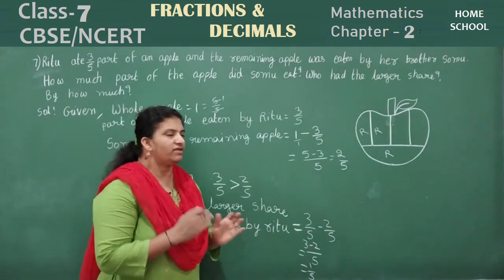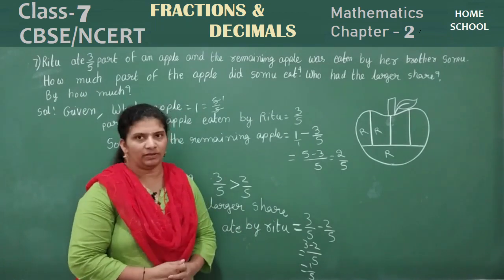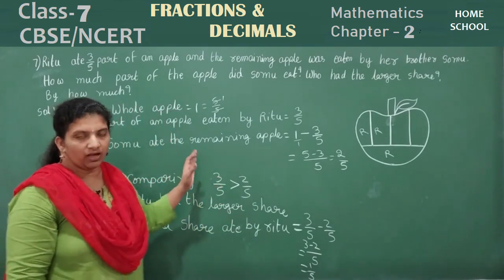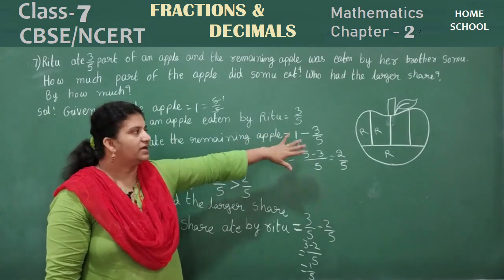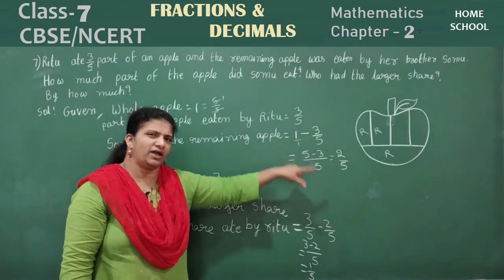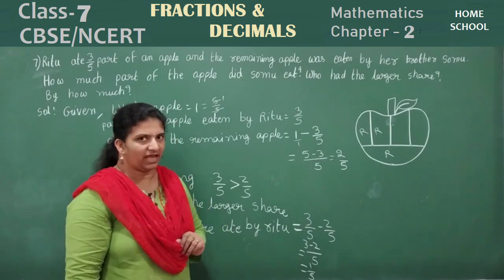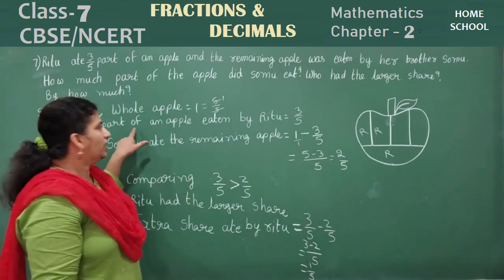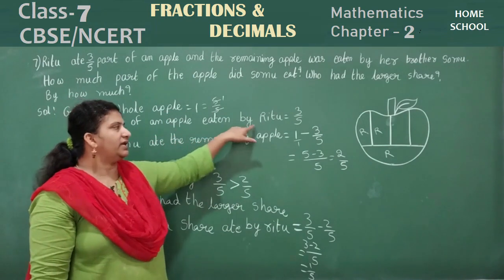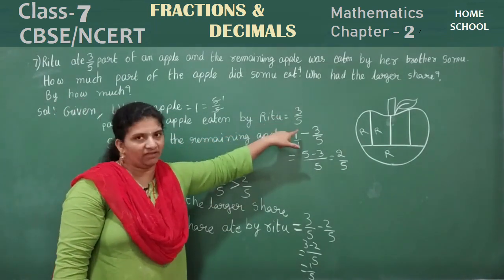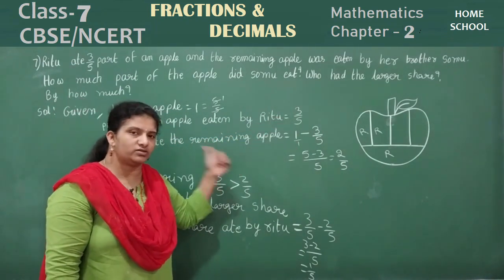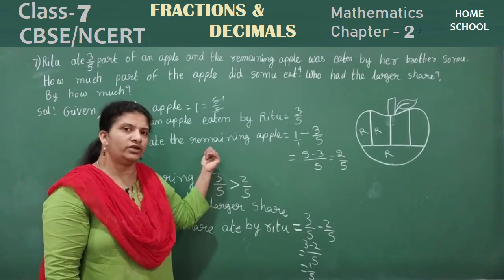This is the way we need to answer your problem. So once again I repeat, look here, a whole apple, it is divided into 5 parts. 5 by 5 is nothing but 1. Whole, always consider it as a 1 value. So now part of an apple eaten by Ritu, 3 by 5. So how much Somu ate means? What you need to do?